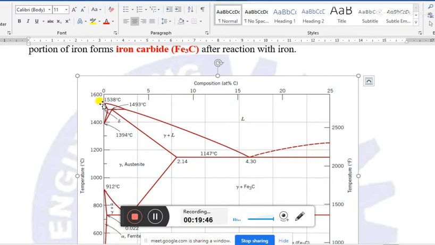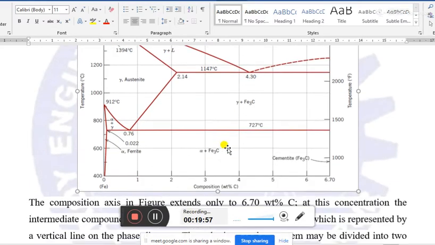That's why up to this point we are stopping the phase diagram of pure iron with carbon.